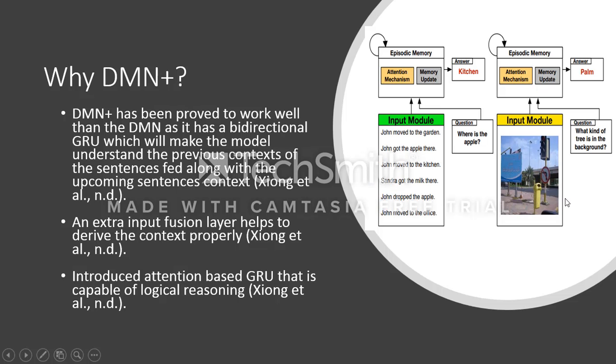Here is one more interesting example. We have asked where is the apple. This is one example that I'm providing. We have the input module, and here John moved to the garden and so on. When we ask the system where the apple is, it goes to the episodic memory and thinks about what we have spoken and what happened previously, then evaluates everything and produces the right answer.